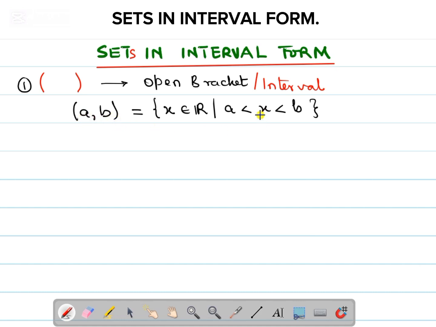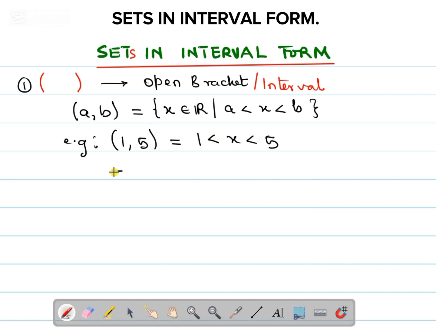So that means that number should be greater than a. Anything greater than a is there. An example is if you are given the open interval (1, 5). This is all x values that are greater than 1 but less than 5.